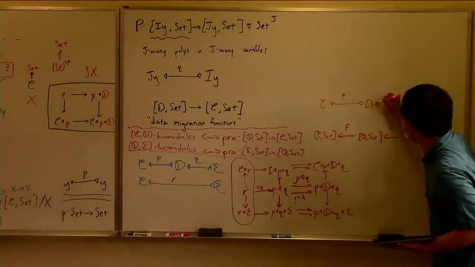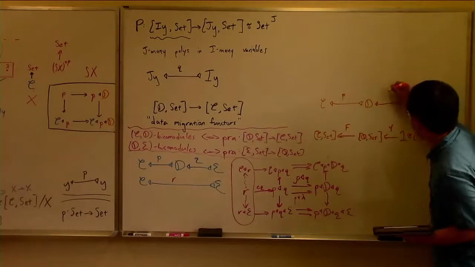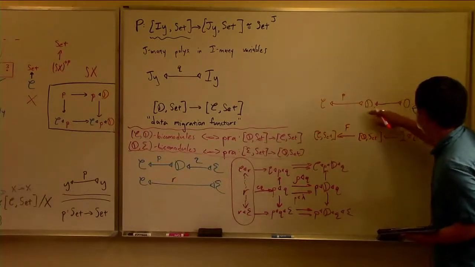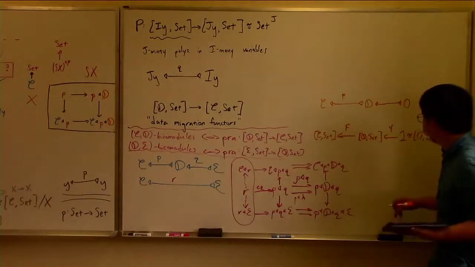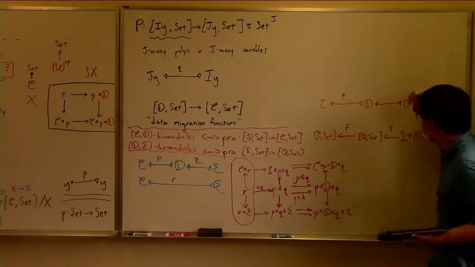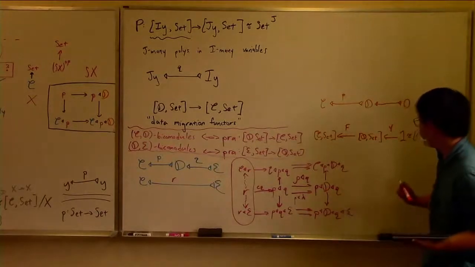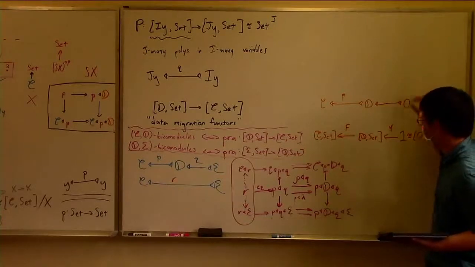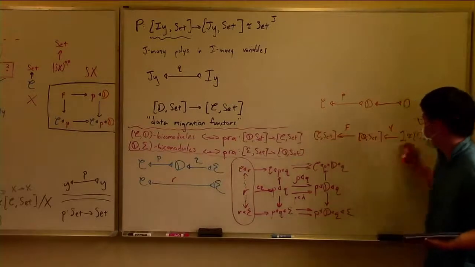And so this is just a D0 bicomodule, which in fact we saw last time are just functors from D to set. And so we have that correspondence. And what we want to show is that if we compose this the way we did down here, it's going to correspond to the parametric right adjoint, it's going to be the composite here.